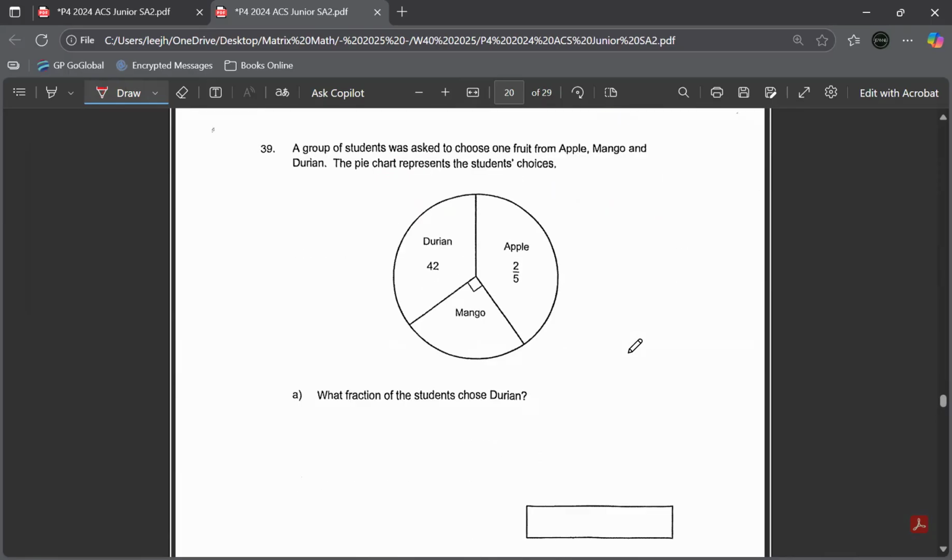Question 39. A group of students was asked to choose one fruit from apple, mango, and durian. The pie chart represents the students' choices. You can see this is a right angle, so this is 1/4. Very simple, because a right angle is 1/4. What fraction of the students chose durian?